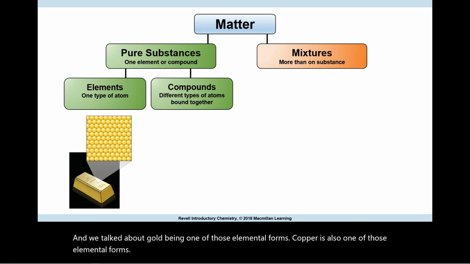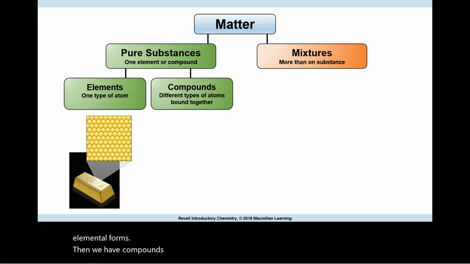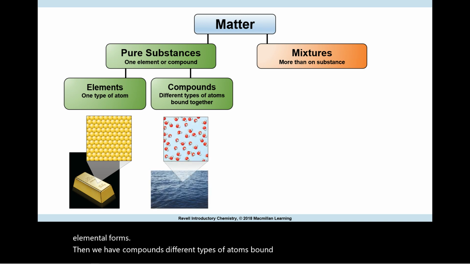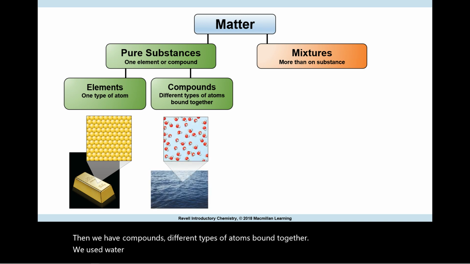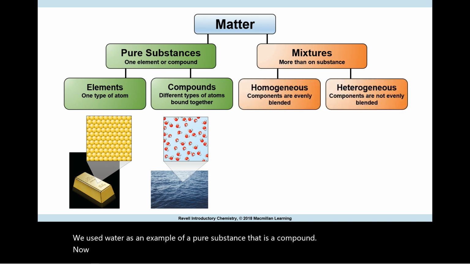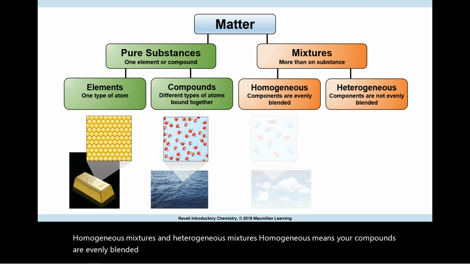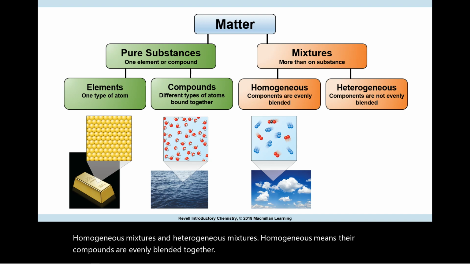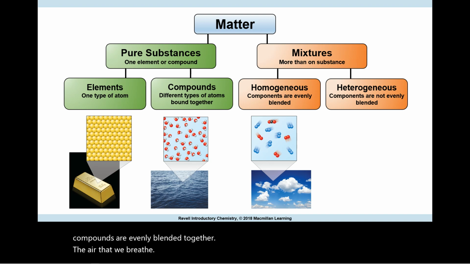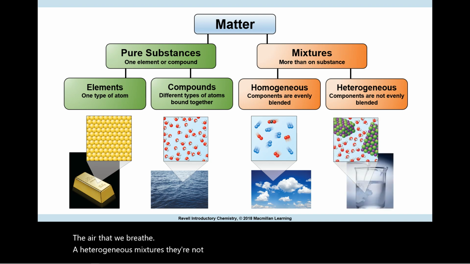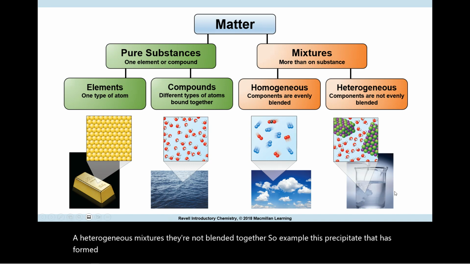Then we have compounds, different types of atoms bound together. We used water as an example of a pure substance that is a compound. Now let's look into mixtures, homogeneous mixtures and heterogeneous mixtures. Homogeneous means your compounds are evenly blended together, like the air that we breathe. Heterogeneous mixtures, they're not blended together. So for example, this precipitate that has formed inside of the water.